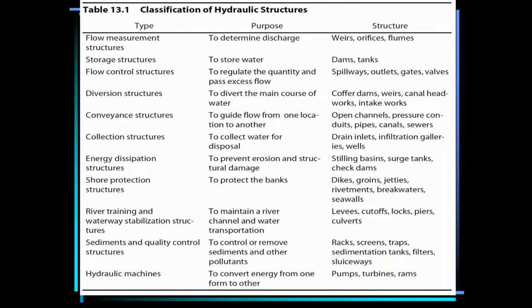If you remember, some of you, we visited the construction of these drainage tunnels, which are being constructed currently around the new market. And also you have pressure conduits: pipes, canals, and sewers. All these are conveyance structures that guide flow of water from one location to another.